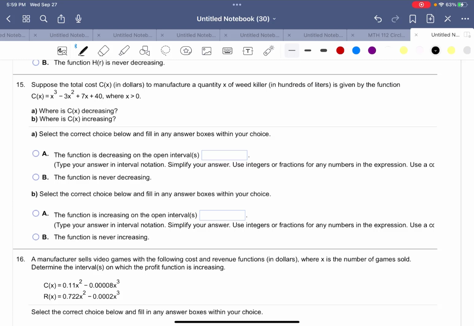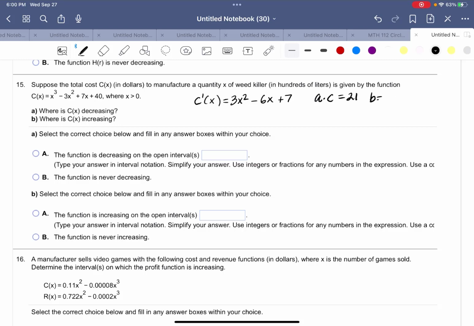So we start with the derivative, C prime of X, and we get 3X squared, using the power rule, minus 6X plus 7. Now normally when we have a square we would factor, but this time, if you look at this, A times C is 21 and B is negative 6.